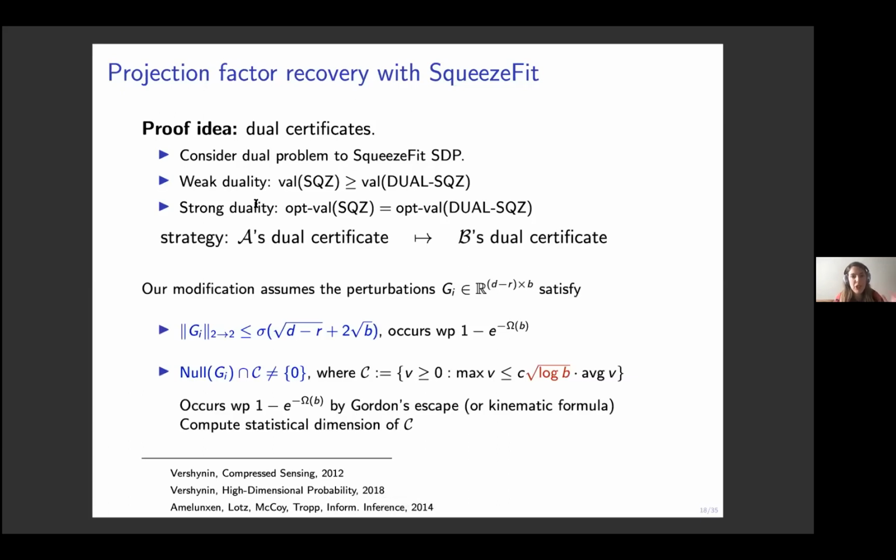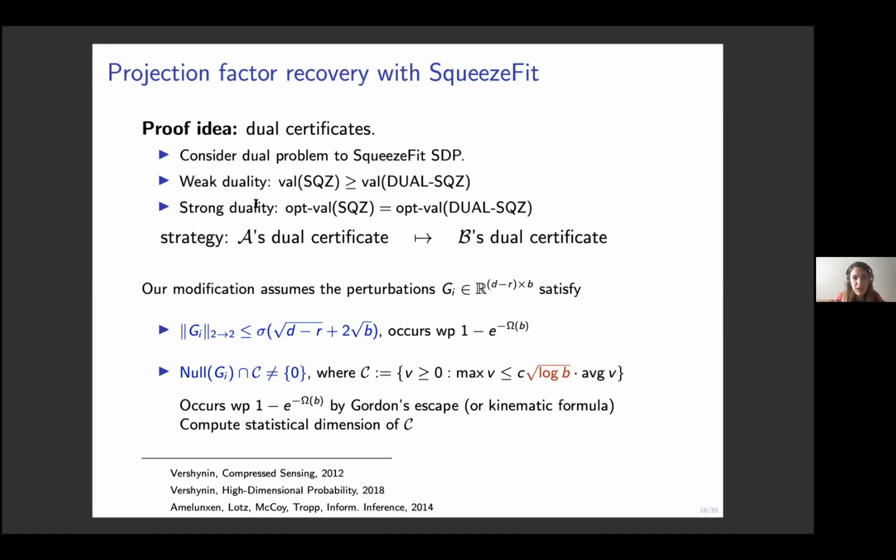So the strategy for this problem is to start with a dual certificate for the set where you know what the solution is, A, the set without noise, and then construct a dual certificate for the set with noise. And in order to do that, we use two ingredients.